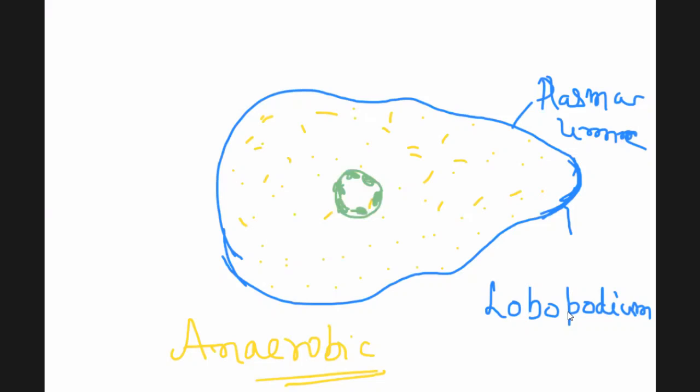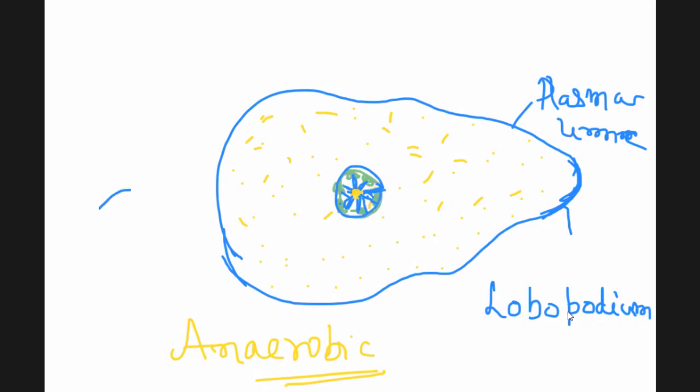Then in the center the nucleolus will be there, and the nucleoplasm looks like strands like this. So it looks like a cartwheel. Such a cartwheel-like nucleus is characteristic.